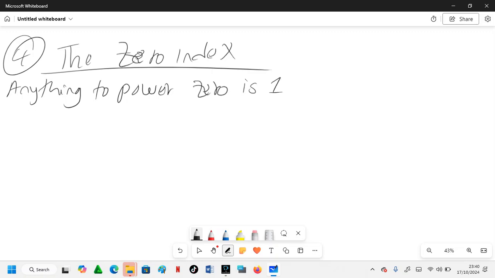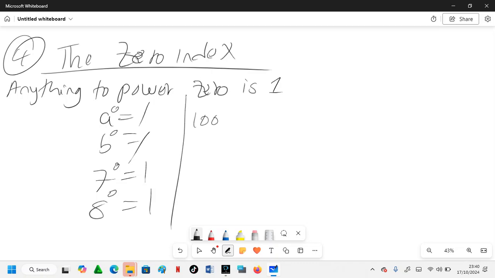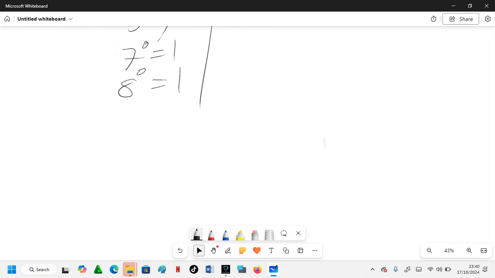Anything raised to power 0 is equal to 1, like a to power 0 is 1, b to power 0 is 1, right? C, 7 to power 0 is 1, right? 8 to power 0 is 1. We are talking about 1000 to power 0 is 1. It doesn't matter what it is, so long as it is raised to power 0, it is 1.